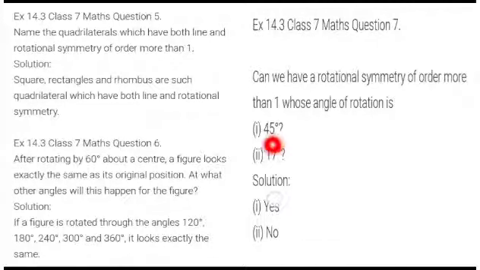For 45 degrees it is possible. Yes, we can divide 360 by 45 and definitely we are going to get one whole number, and this whole number will be the order of rotation. But for 17 it is not possible. We are going to get the quotient in the form of a decimal number in the long division method, so not possible for 17.